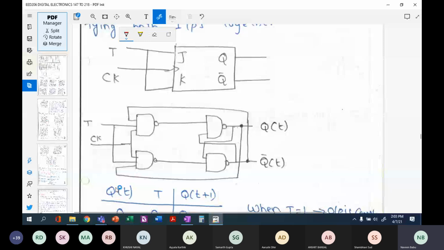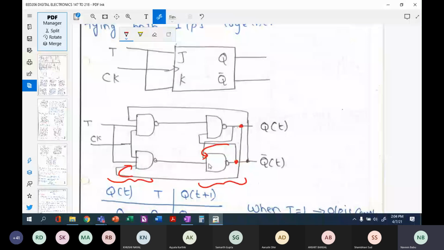The problem comes from the feedback network. From the output, you are giving the feedback. There is one feedback which is going to the first stage and there is another feedback which is going to the second stage also.